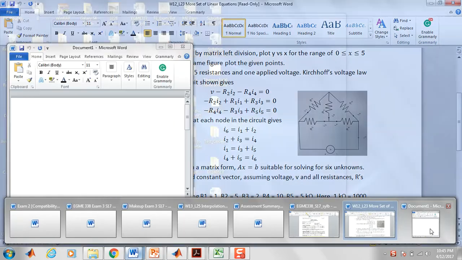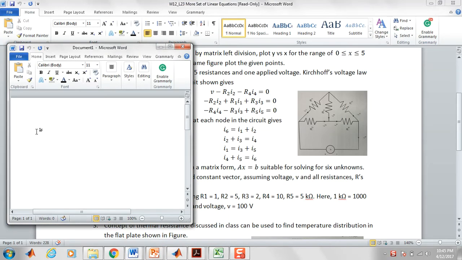So I wanted to take that same problem. Since you were looking for 6 different currents that you have to find, and you have 7 equations, 1, 2, 3 and 4 and then 4, so 7 equations, you have one more equation than what you need.